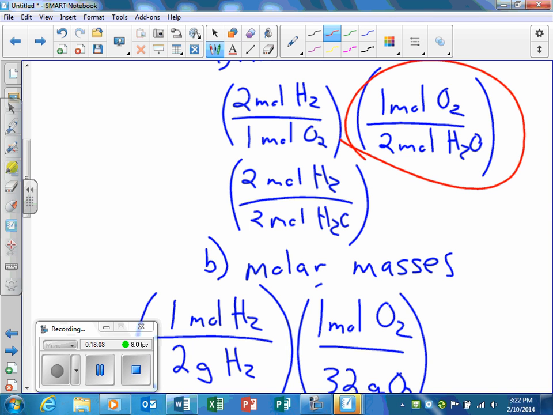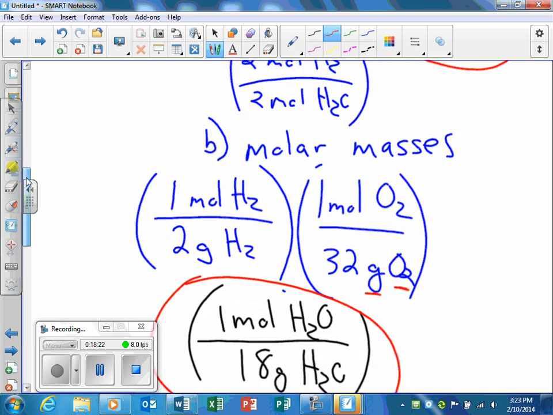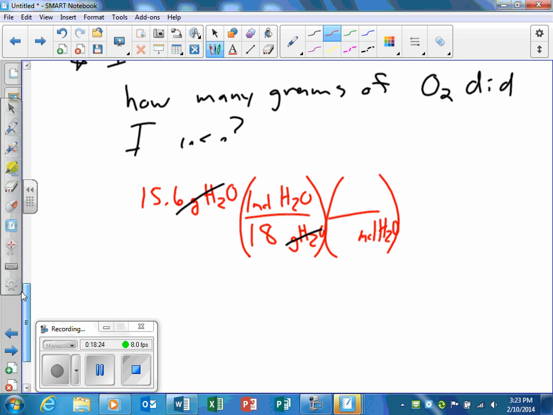This one. Do you agree? Now I can put these in upside down if I want to. Remember, I can flip them around. But I know that for every 1 mole of O2, my relationship with H2O is 2. So it's going to be 2 moles of H2O to 1 mole of O2. Does that cancel out? Yes, it does.